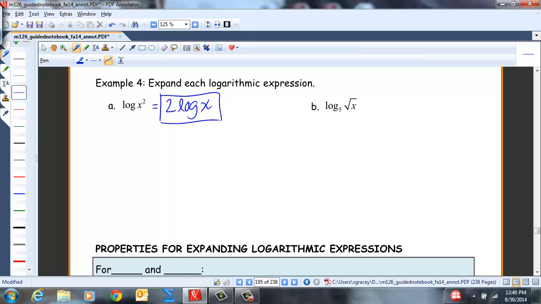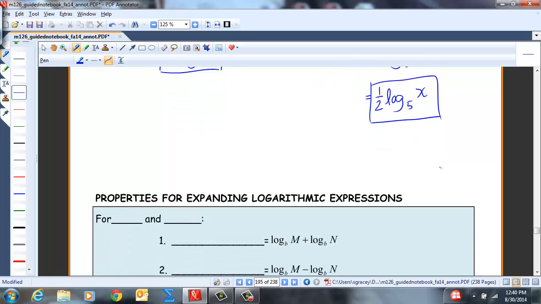And we're done. Now with this one, if you have a radical, you may want to write the radical using rational exponents. So now using the power rule, we'll have 1/2 times log base 5 of x. And we're done.